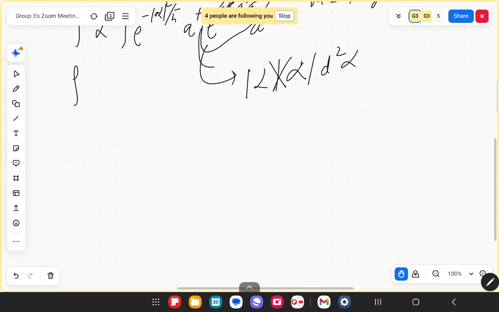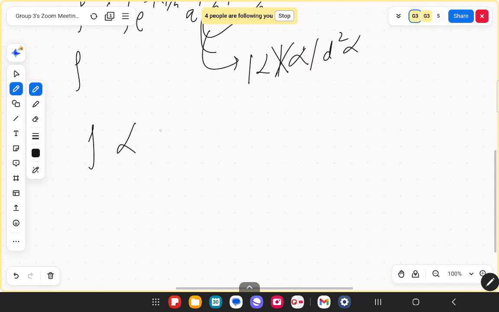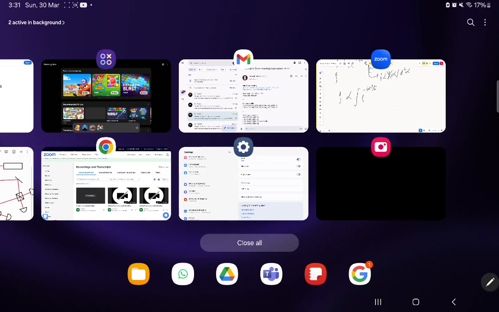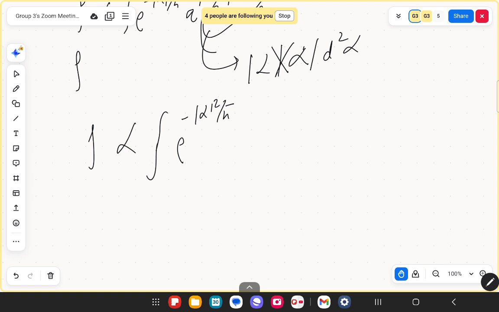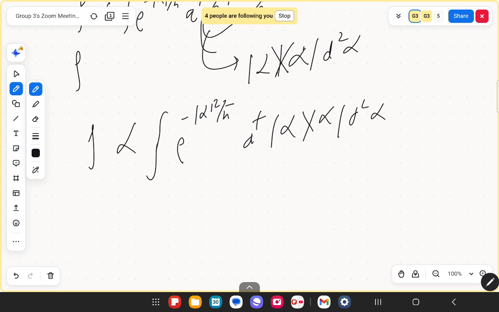So what I'll get ultimately is ρ proportional to e^(-|α|²/n̄) a†|α⟩⟨α|a d²α.